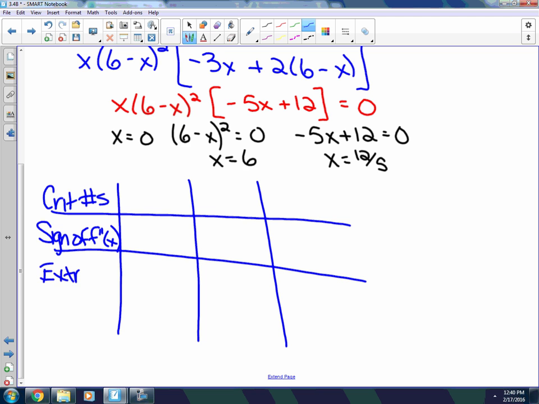And remember to put them in order. So if we have to go back to the first derivative test, we have our bookmarks. So we're going to go x equals 0, and then which one's bigger, 6 or 12 fifths? So that goes over here. X equals 12 fifths.